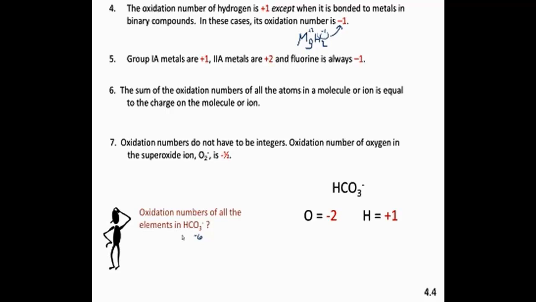Hydrogen is a +1. So really we're going to have +1 plus x minus 6 equals the charge on this ion, which is -1. So in this case, what does our oxidation state of carbon have to be? It needs to be a +4. And that's how you determine oxidation numbers.